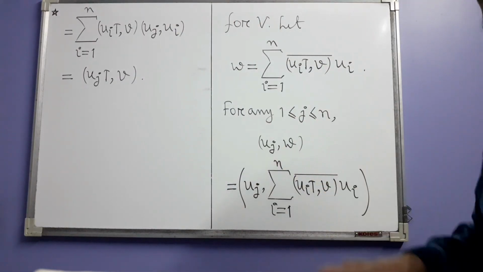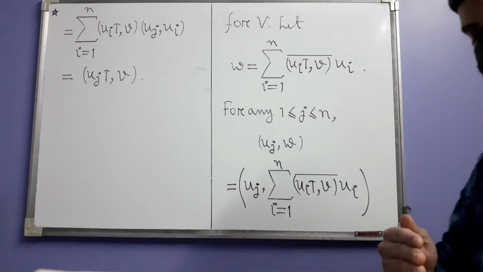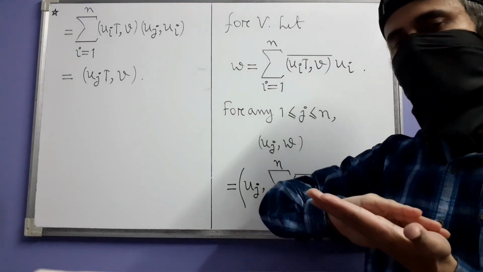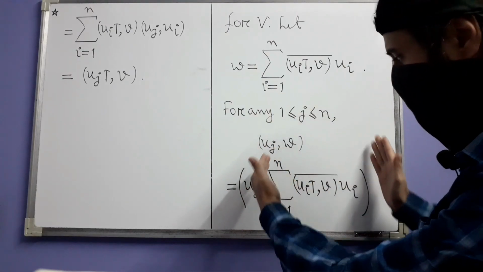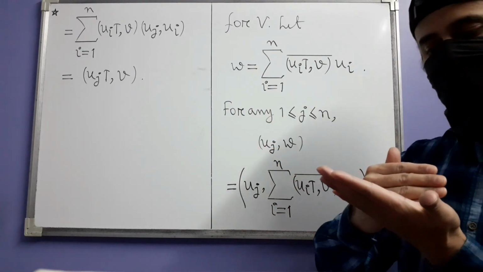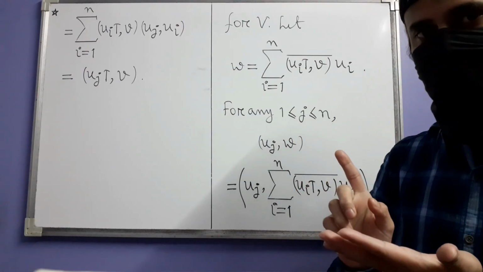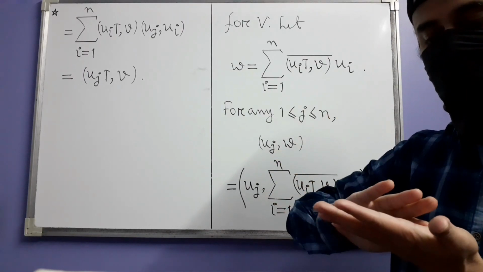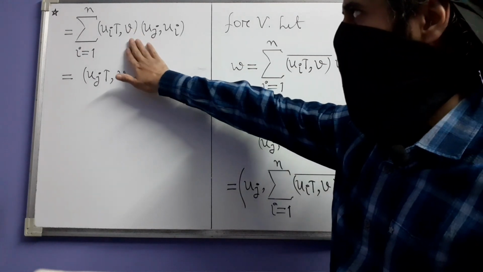This is the conjugate linearity of inner product in the second variable, which tells you that if a scalar comes out of the second variable, meaning the second component, this is the first component, this is the second component, then the scalar does not come out as it is. Its complex conjugate comes out. So that's how we have this.